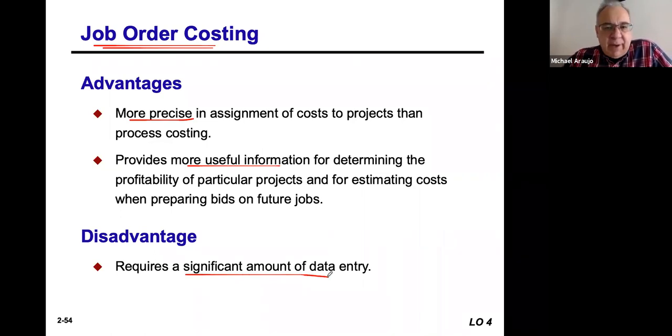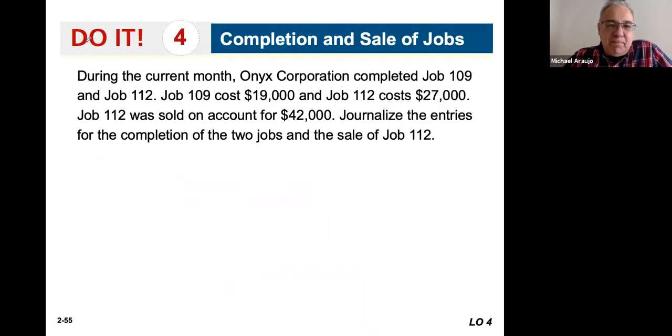Everything that you do has to be recorded, and that's usually inputting it into a computer system. And that's a disadvantage. It'd be easier if it could be scanned or other types of things. That does make it easier, but that data entry sometimes is not that easy. As you saw, the requisition slips and other things were signed, and the signatures on the bottom of things, time cards, etc. So oftentimes there's a lot of data entry that's done.